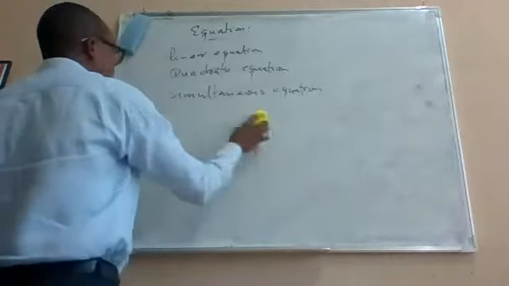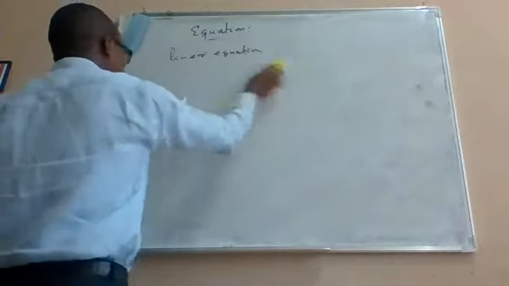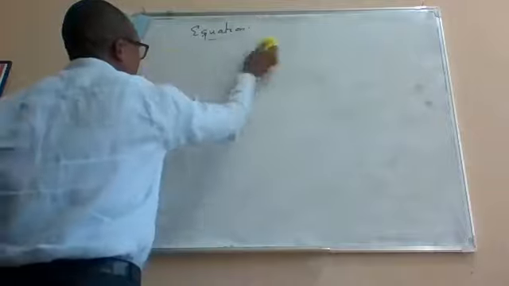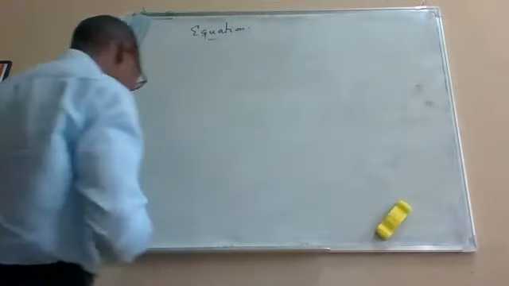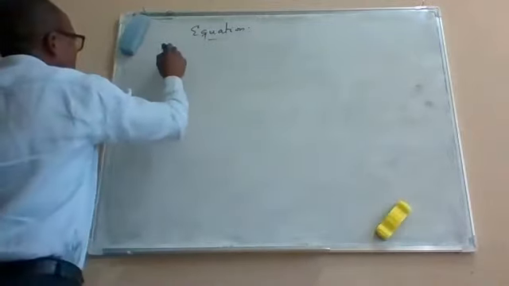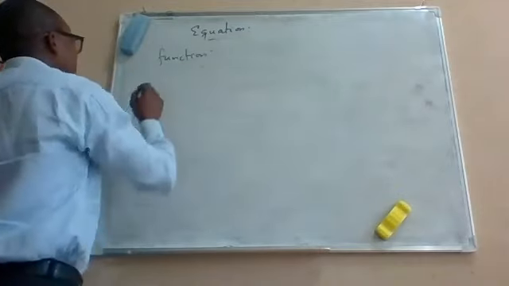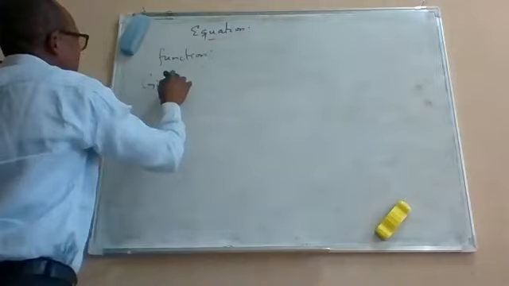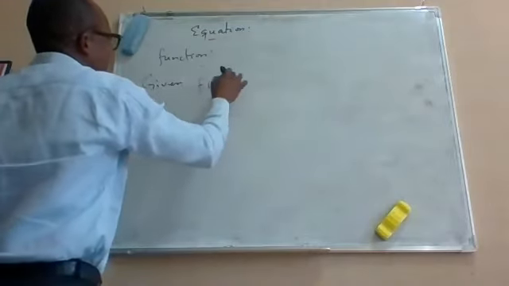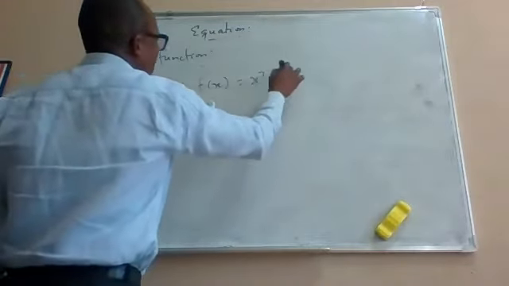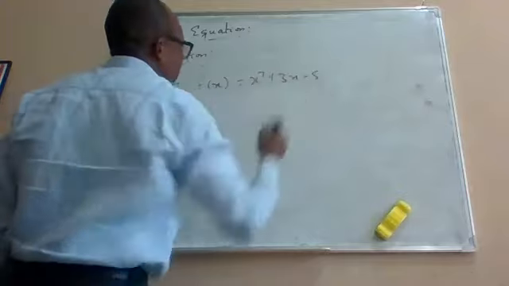So then we'll talk about function, which I'll just explain what function is all about. So let me start with function before we go to the equation. In function, I can say given that f of s is equal to s squared plus 3s minus 5.